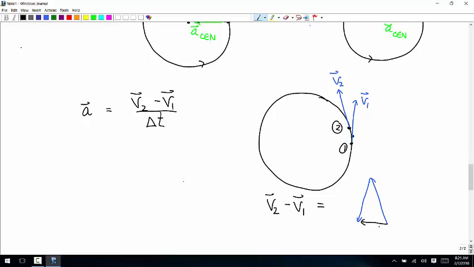Add those together, and that's the change in V. So this is V2, this is negative V1.